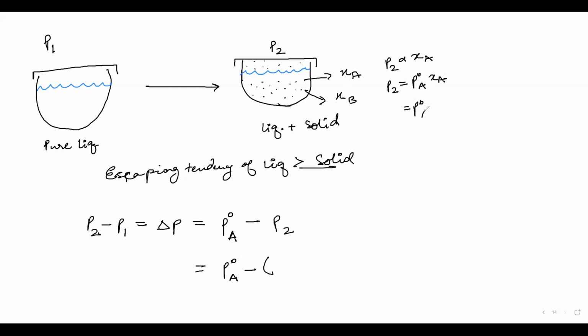Now I can write this as P naught of A times 1 minus chi B. Correct? Can I write this? Yes, sir. So P2 will be P naught of A times 1 minus chi B. Now, let me rearrange all these things.